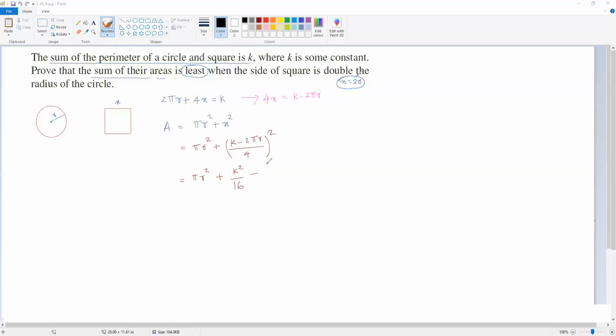So 2 into 2, 4 pi k r divided by 16, plus b square, 4 pi square r square divided by 16. So हमने तो expand कर दिया. So इधर ये कट हो जाएगा, 4 and 16. इधर से 4 आएगा. इधर भी 4 and 16 कट हो जाएगा, 4 आएगा.